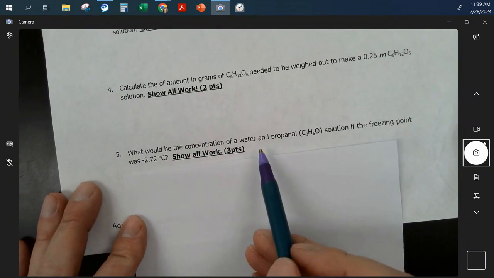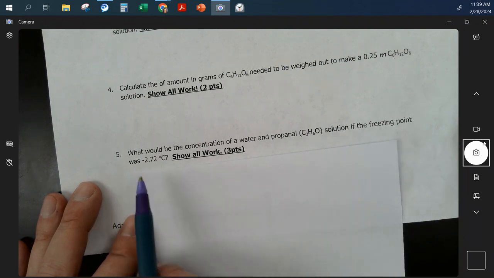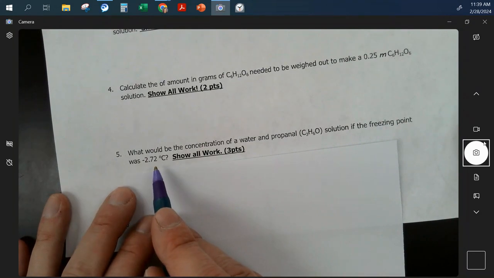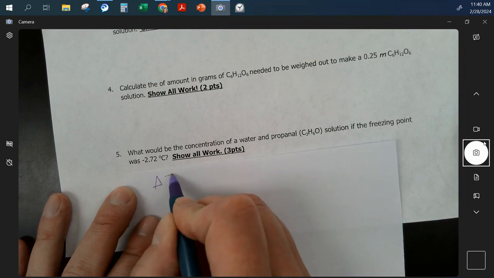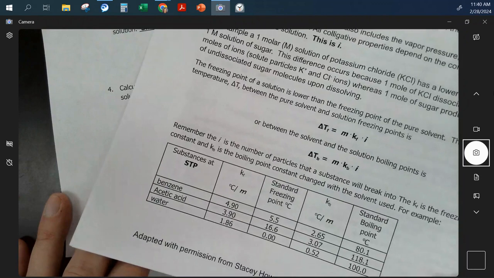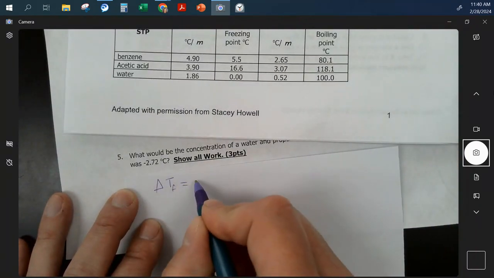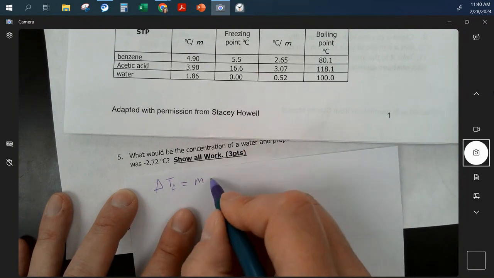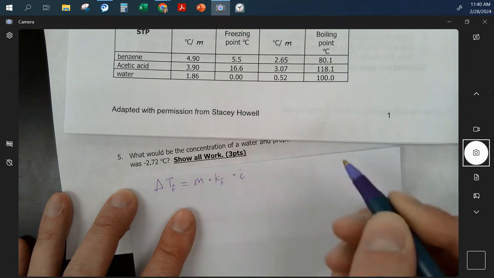What would the concentration of a water and propanol solution be if the freezing point was -2.72 Celsius? So we're going to use this equation. The change in temperature of the freezing point, I'm just getting this from my lab, is equal to the molality, or the concentration, times Kf times i.